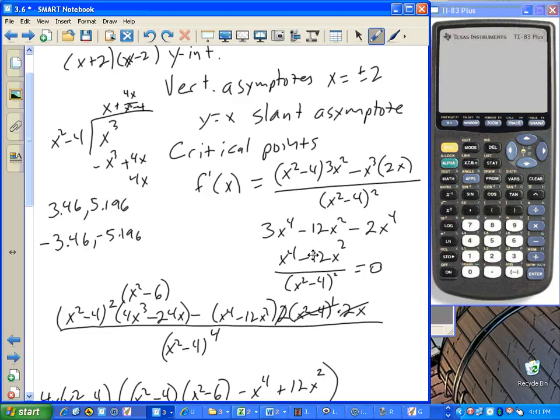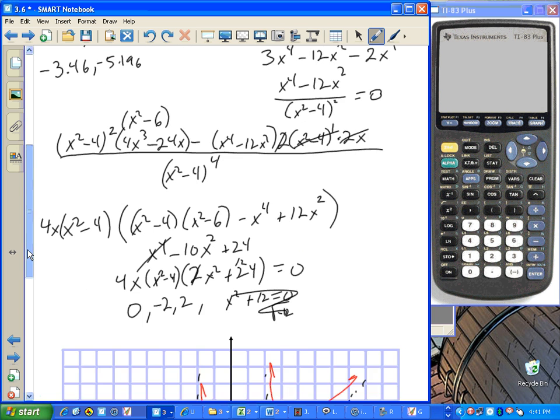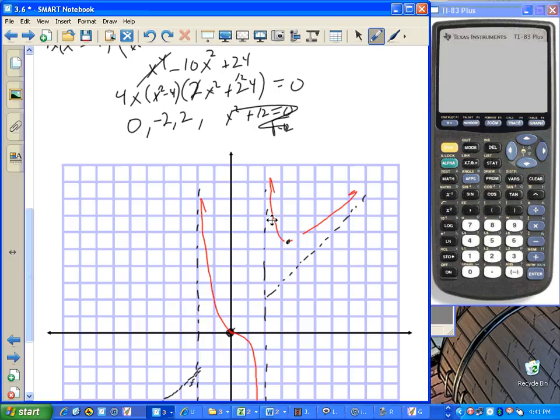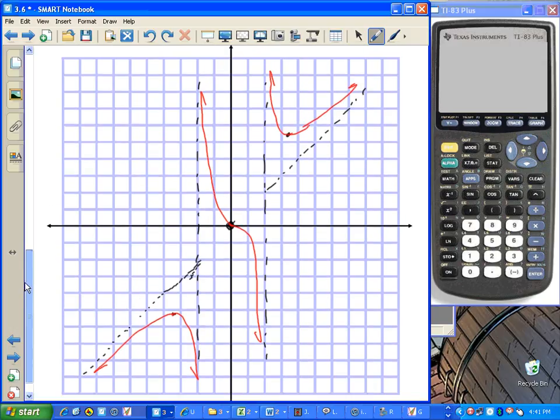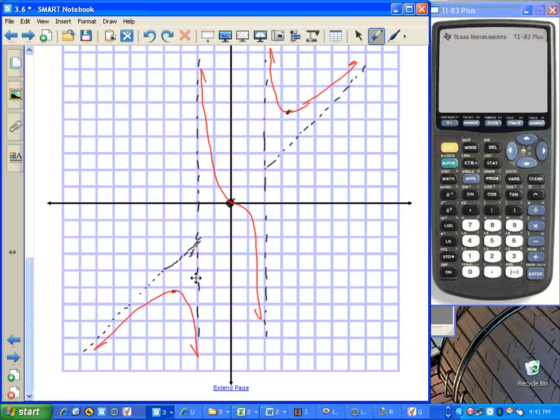Which, let's see, so that is negative on top. The bottom here is going to be positive, so negative over positive is negative. So it is decreasing here, and then switching and increasing. Okay, and just by symmetry, we're going to have this one's doing this.